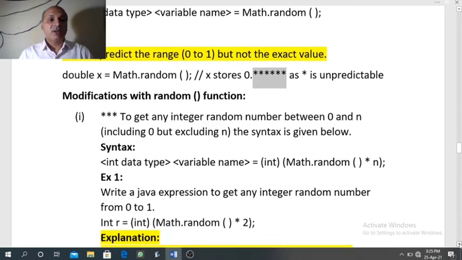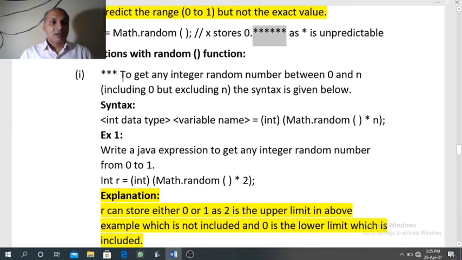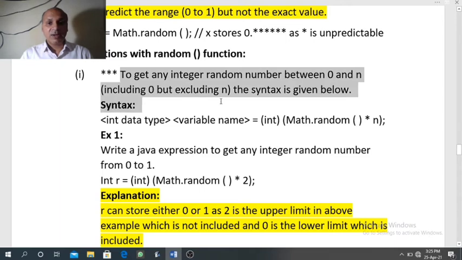Now there are many modifications with the random function. The first modification is to get any integer random number between 0 and n. It means we want the answer as an integer value between 0 and n, where 0 is the lower limit and is included, and n is excluded.